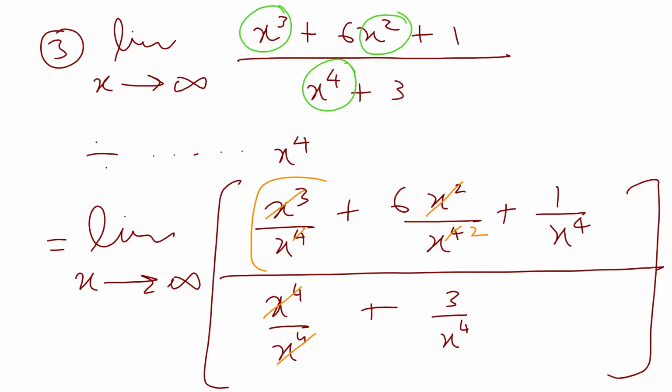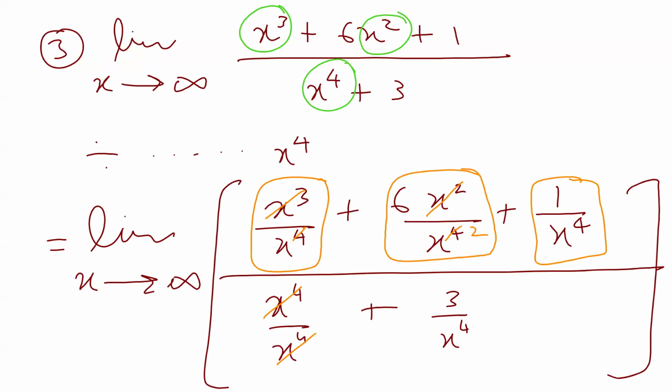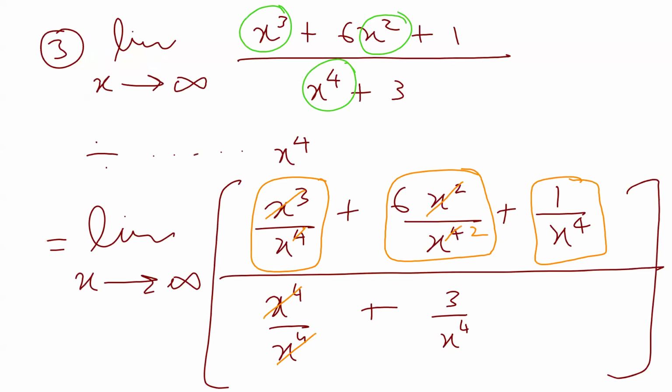So the numerator is 1 upon x plus 6 upon x square plus 1 upon x raised to 4.